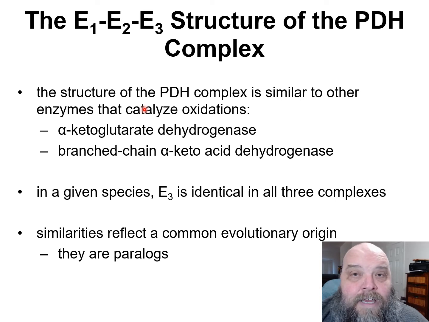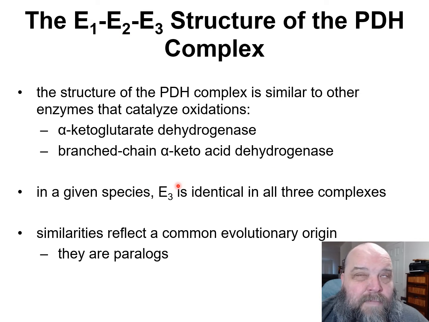We're going to see that overall shape, the way those things are arranged, what proteins, what coenzymes are there, is going to be a theme in multiple steps throughout the citric acid cycle. Alpha-ketoglutarate dehydrogenase, and then there's an alpha-keto acid dehydrogenase that's going to come into play later.